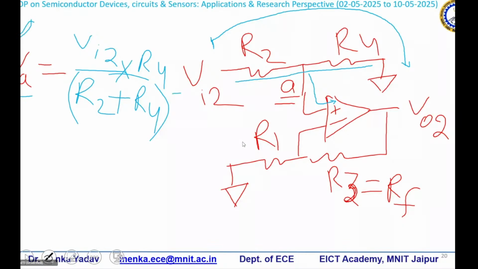Now in terms of VA, since this becomes the non-inverting terminal now, it is a non-inverting amplifier. So non-inverting amplifier means it's going to give us VO2.